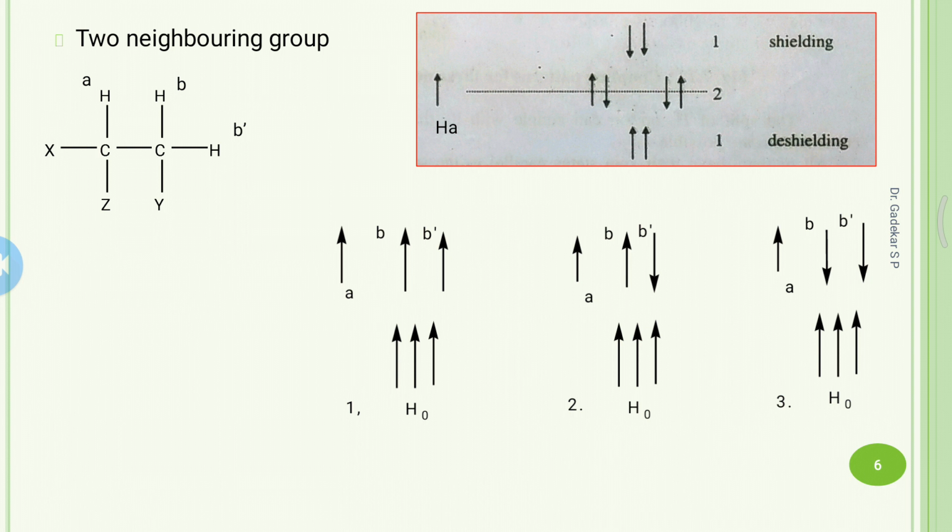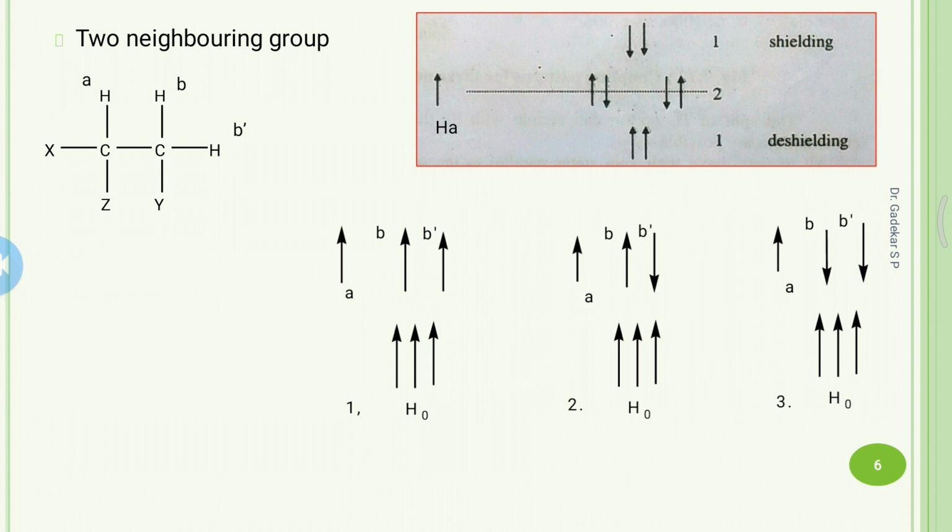A interacts with B and B dash. The two spins are anti-parallel to the applied magnetic field and it becomes a shielding pattern. So this splits into three patterns: first, both aligned; second, one opposite; and third, the two spin states are both opposite. So the HA proton splits into three patterns, which means it splits into three signals.